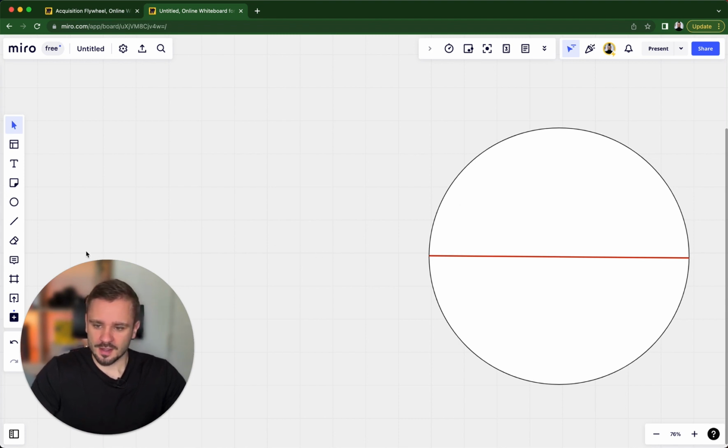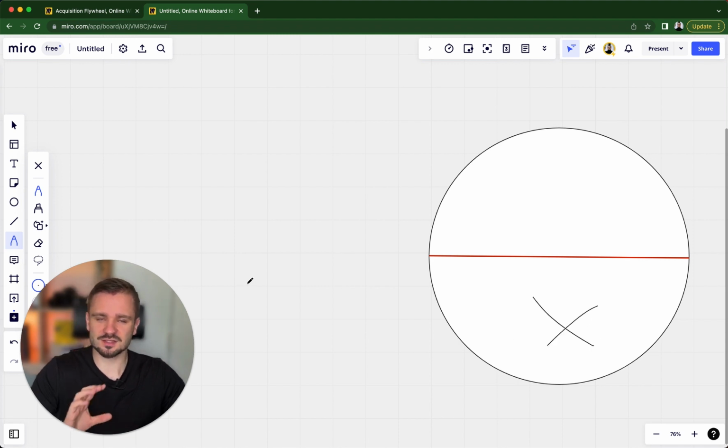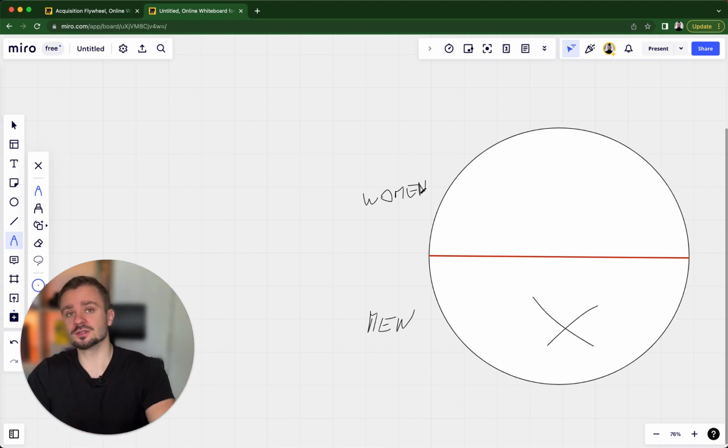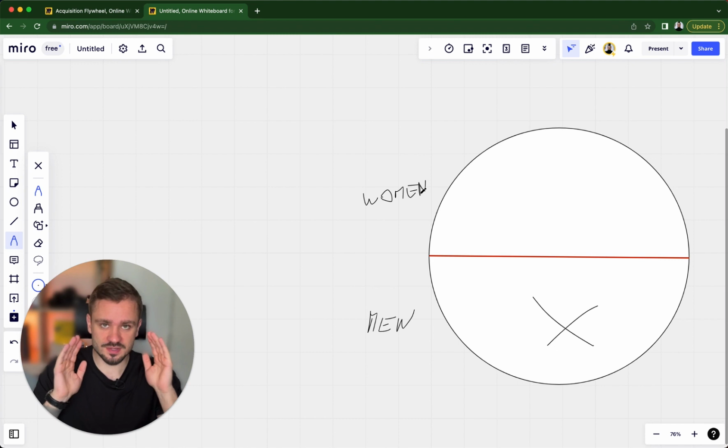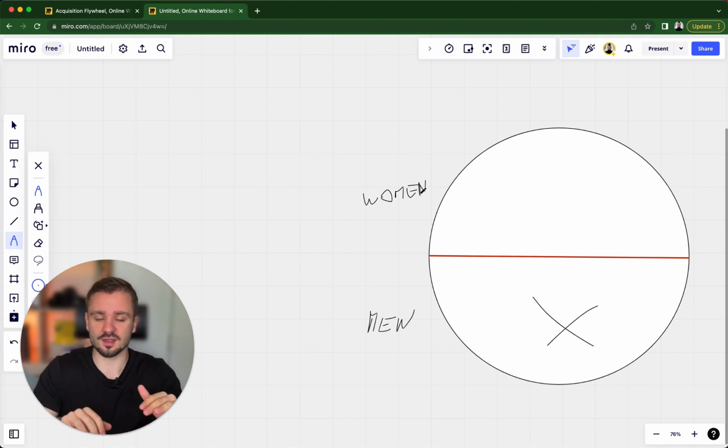This is the half of the people that you want to work with, and these are the people you don't want to work with. Let's take the most generic thing, and let's say this is men and this is women. So you want to work with women and you don't want to work with men. So now you know that in your content, in your messaging, you will only be speaking with women. You don't even think about men.